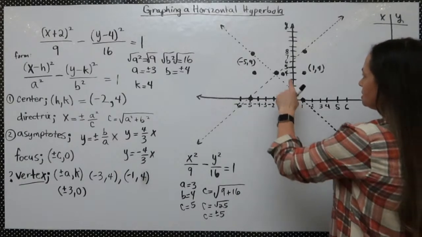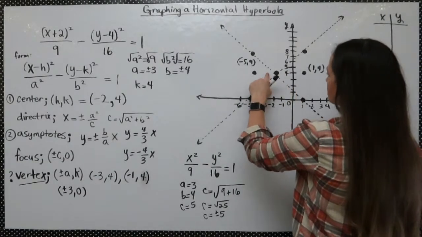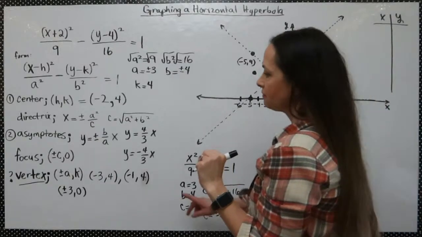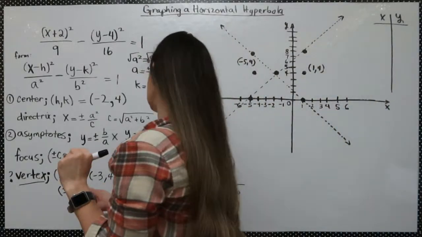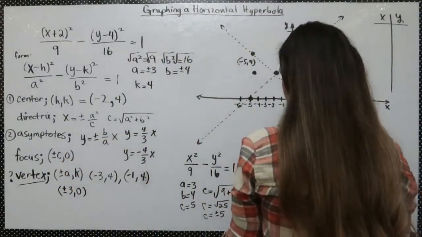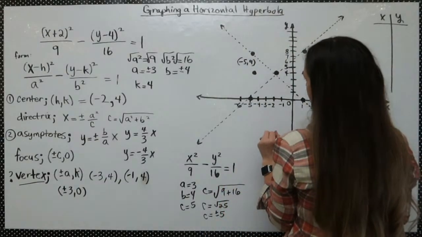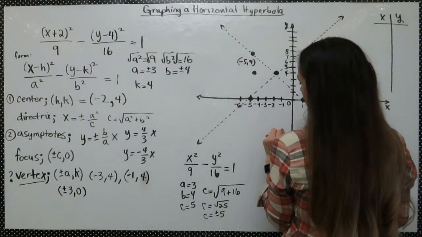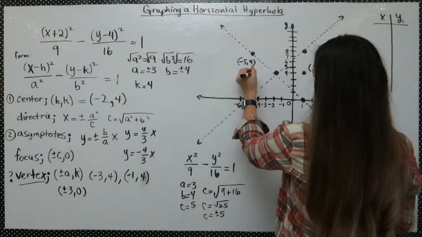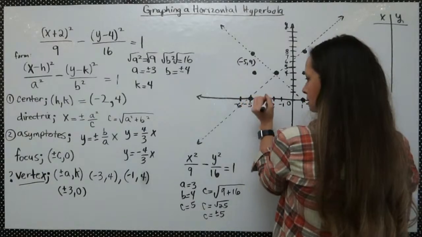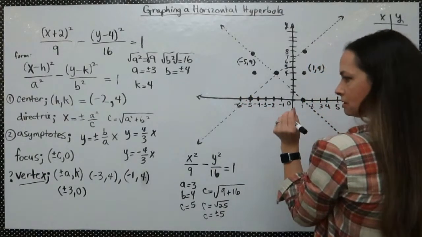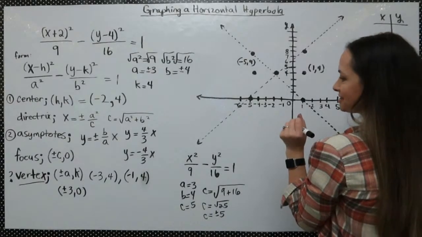All right, and this was probably the focus. It says that the focus is at plus or minus c, and c is at plus or minus -5. Okay, goodness. Negative, not.